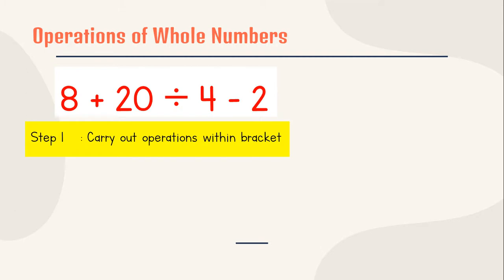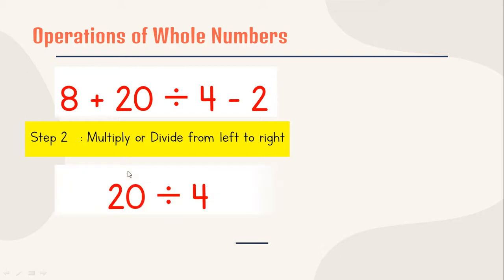So first step, carry out operation within the bracket. Because we do not have anything inside the bracket, go to the next step. Multiply or divide from left to right. So which one is the multiplication? Do we have? Nope. Do we have division? Yes, this one. So 20 divided by 4 equals 5.